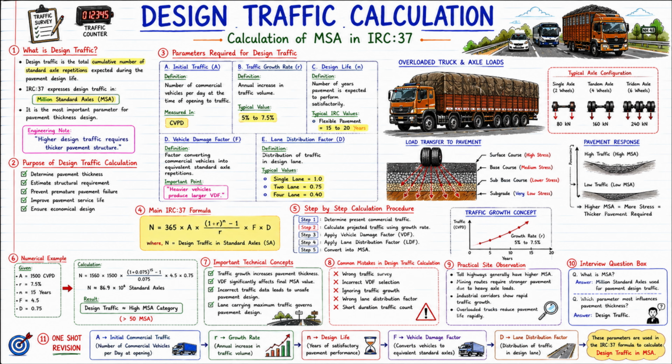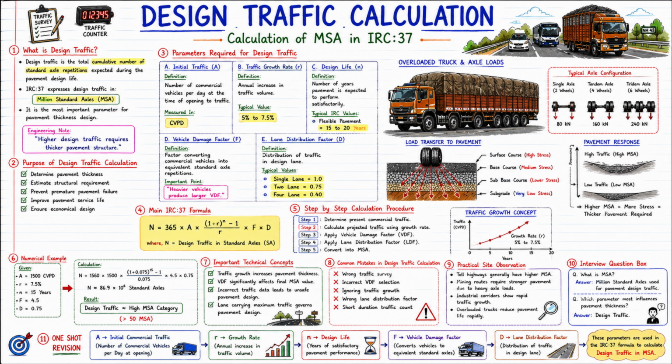See the engineering note below. Higher design traffic requires thicker pavement structure. It is absolutely practical. If there is a lot of traffic, there will be more stress on the pavement, so the pavement thickness will also have to be kept higher.